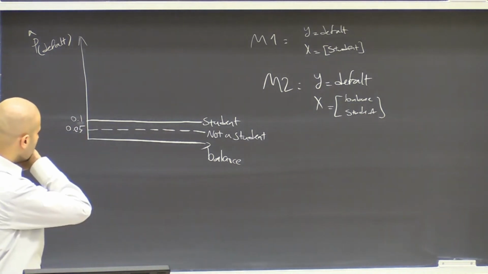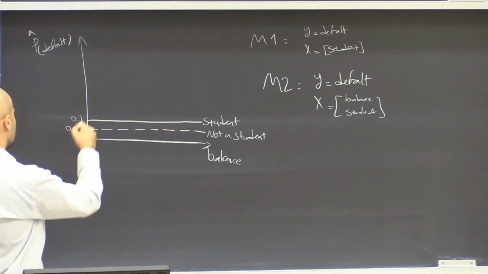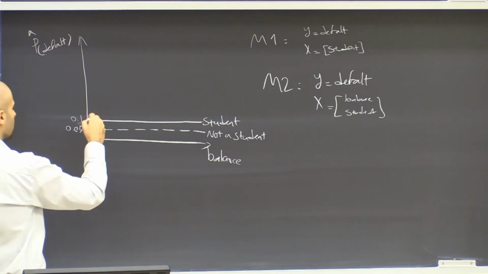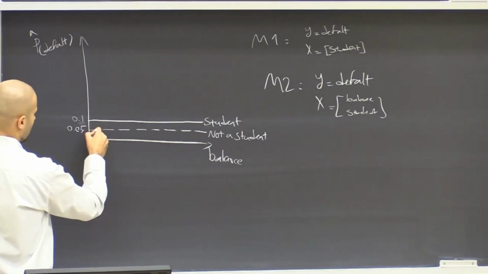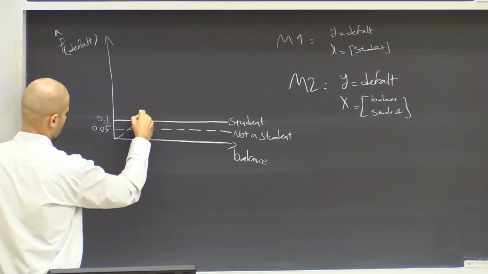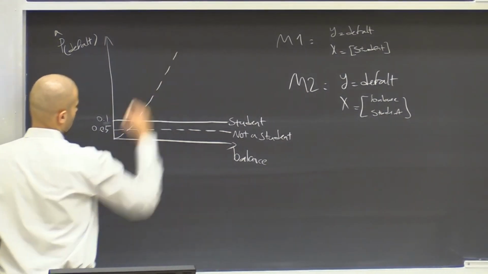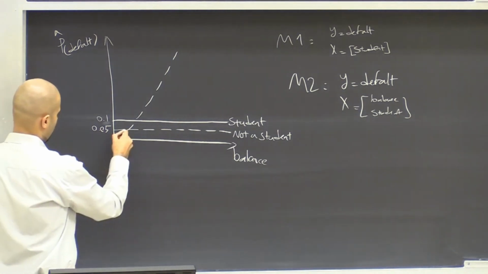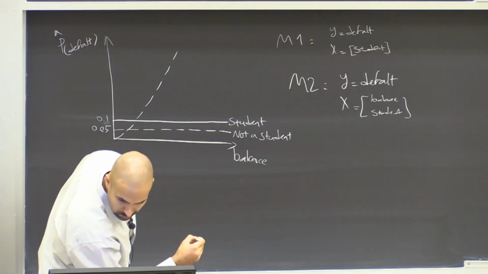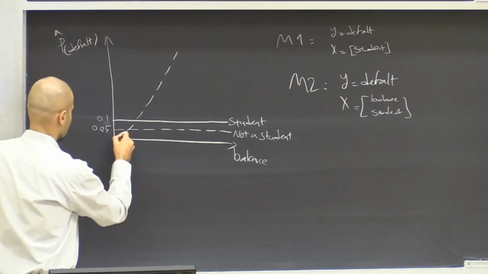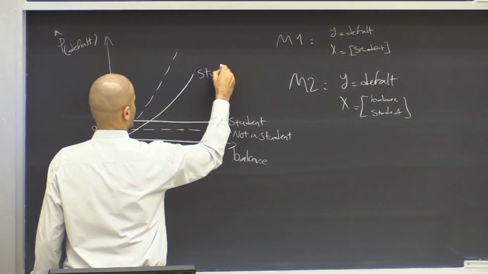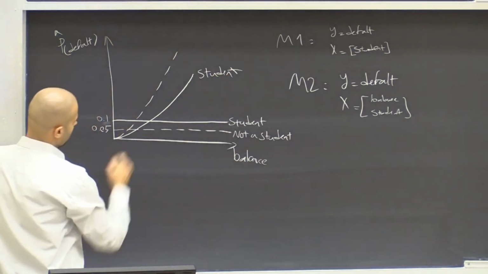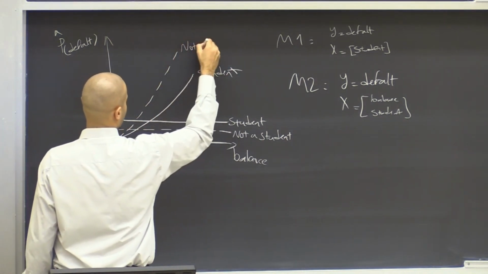So model M2 is going to look like this. Again, we get some solid line for student and a dashed line for not a student.